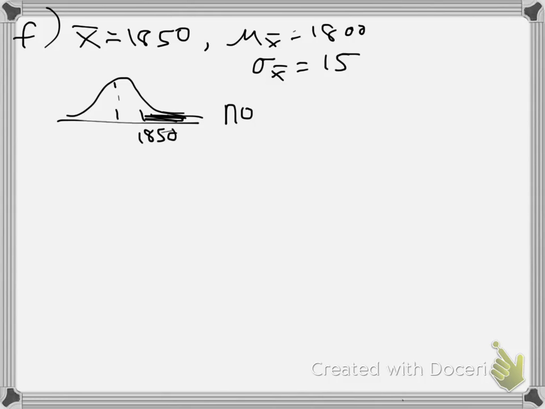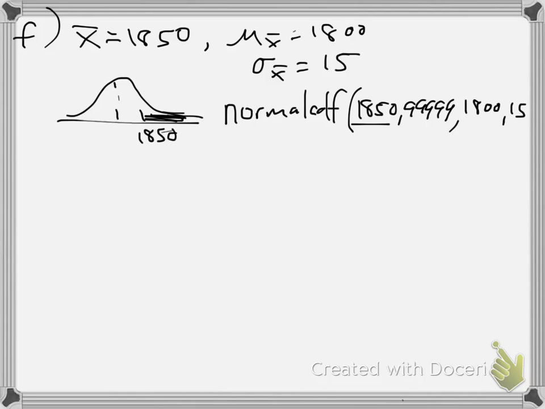So we'll use normal CDF, going from 1850 to infinity and beyond. Make sure you put lots of 9s now because we have 4-digit numbers. And the mean was 1800 and the standard deviation was 15. So when we crunch those numbers, I got 4.29e negative 4, or 4 zeros, and then that number 4209.